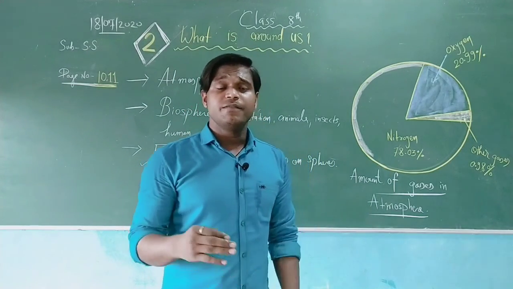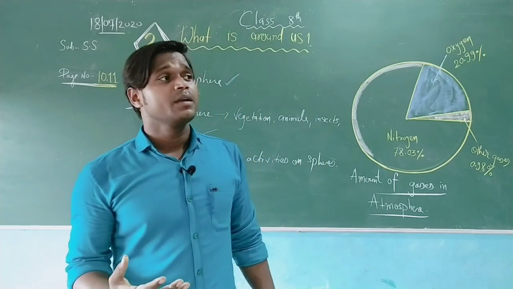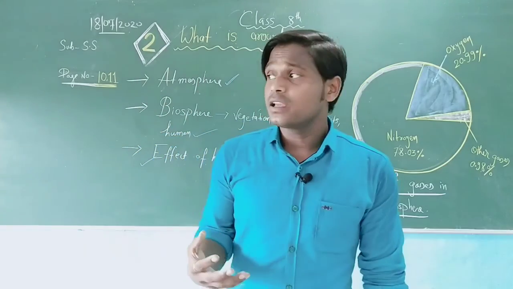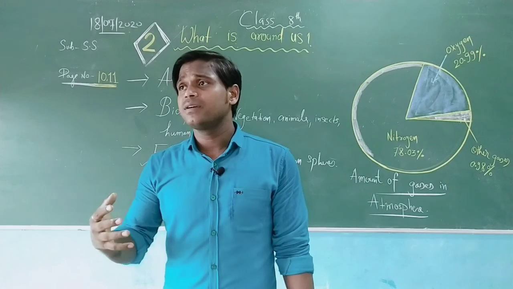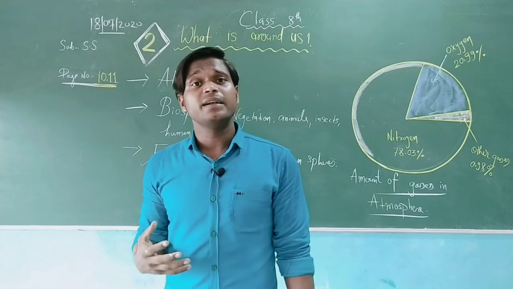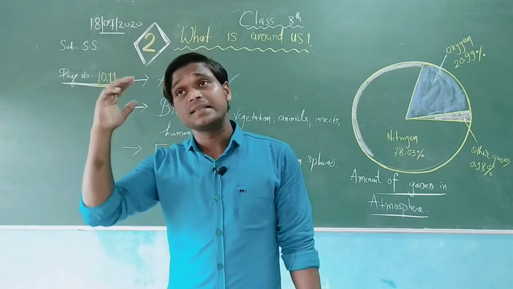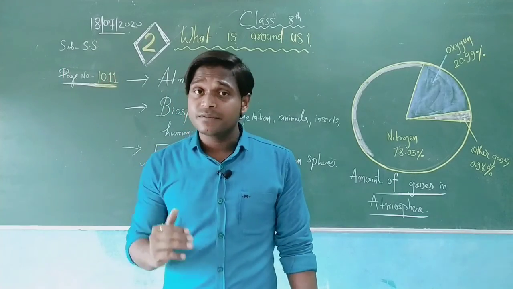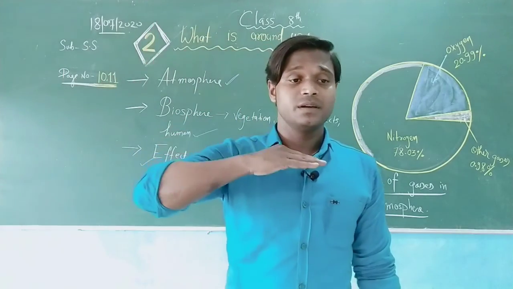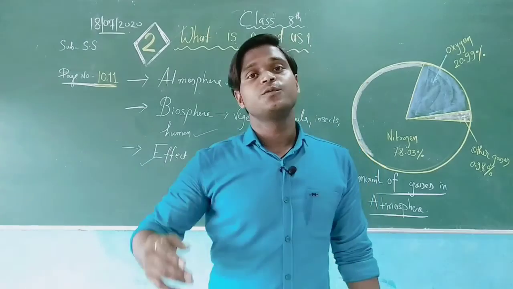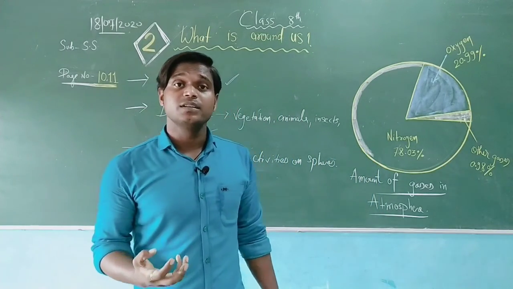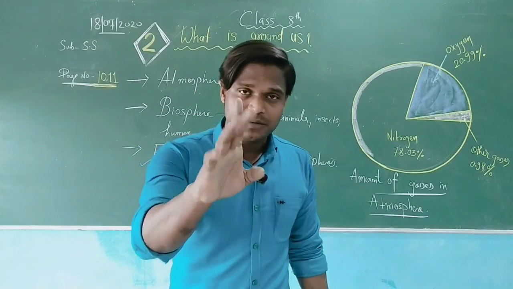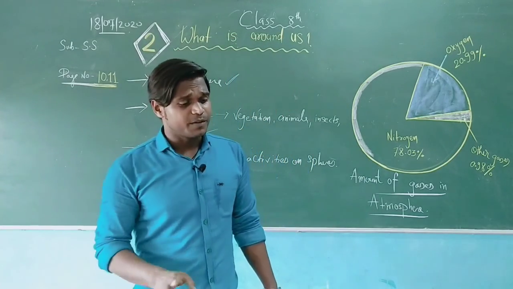For example, if you climb a mountain, go trekking, go Everest climbing, or if we are in a plane or aircraft, we need an extra amount of oxygen, because the availability of oxygen is less. So the farther you move from the lithosphere, the more oxygen you will need, because the oxygen level decreases. That you should remember. So let's move further.